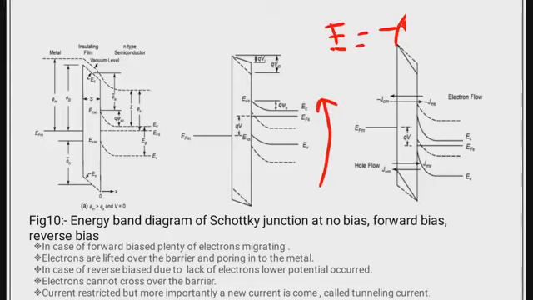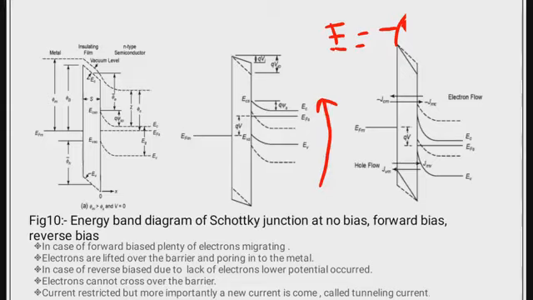So plenty of electrons are in the conduction band, but they can't pour down or cross over the barrier. In reverse bias, plenty of electrons are over there, but they are not able to jump or cross over the barrier from this side to this metal side.